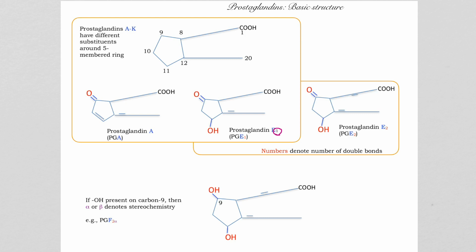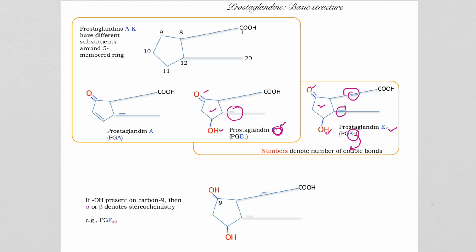Here is prostaglandin E1, here is prostaglandin E2. You see the same substituents on E1 and E2, and the ring, but the difference is E1 has only one double bond, while E2 has two double bonds. So the numbers denote the number of double bonds.